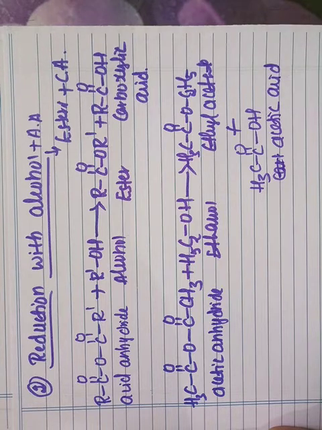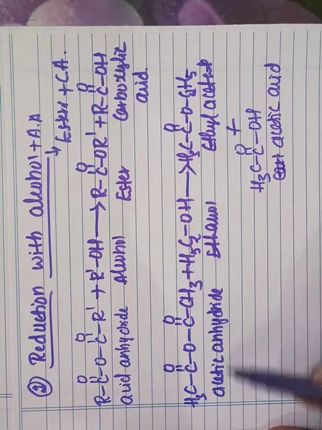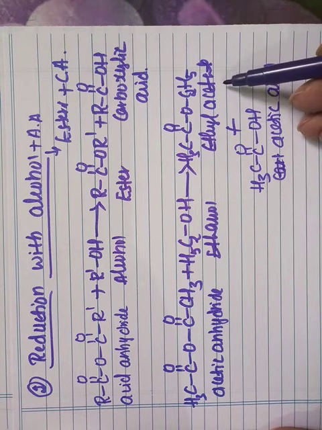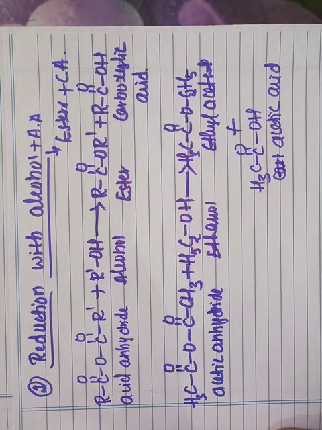Acetic acid is formed. Okay, so when acetic anhydride is treated with alcohol, it forms ethyl acetate and acetic acid.